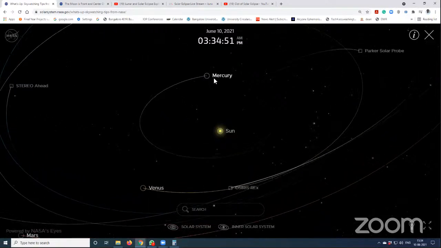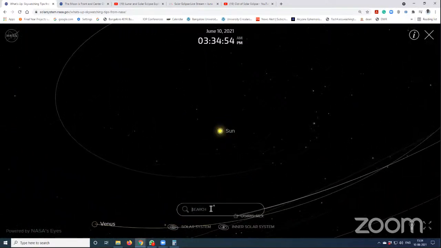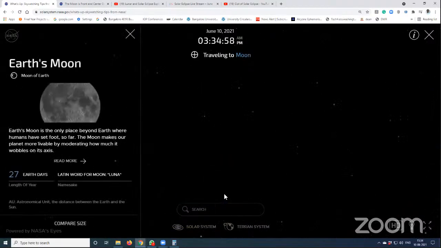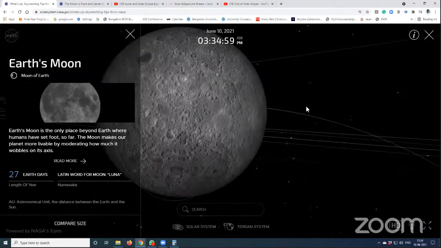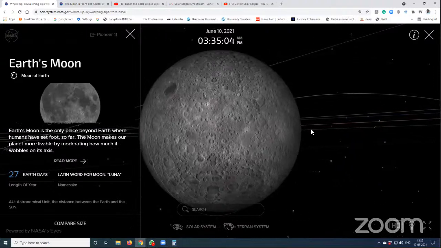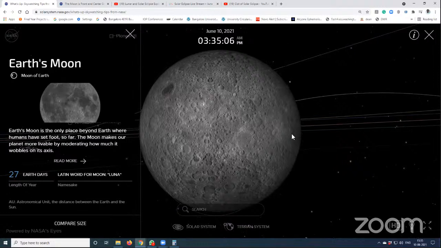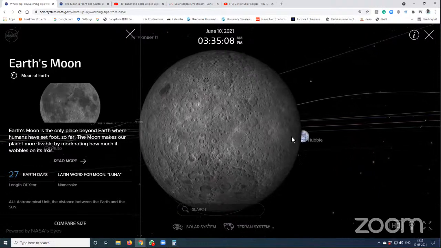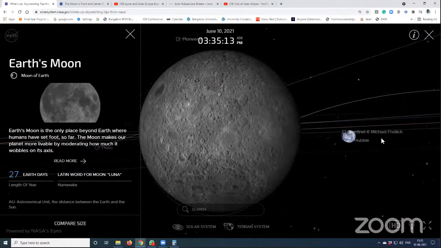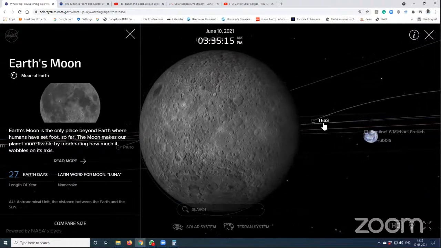They have to come in between. See the moon, how slow it's moving. Hubble telescope is there. Sentinel is there. TESS is there.